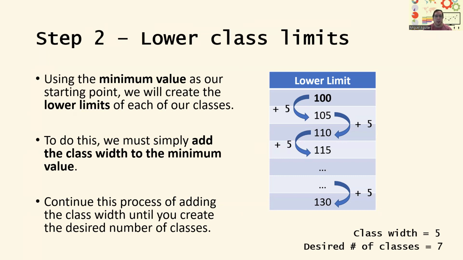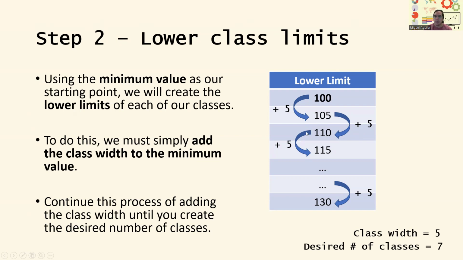Okay, so if you look at the table to the right, we start off with our minimum value, which was 100, and we're just going to add 5. Again, 5 is the class width that we're using, so we get 105. Then we take that lower limit we've created for the second class, add 5 again, and we get the lower limit for the next class, the third class.